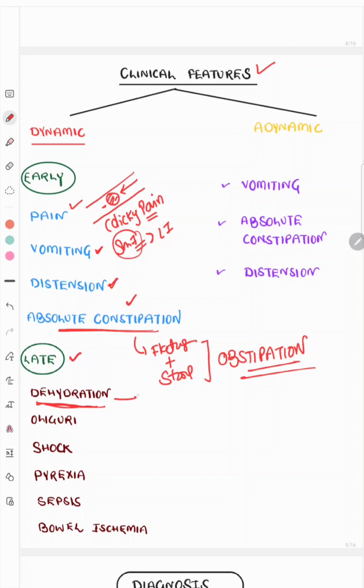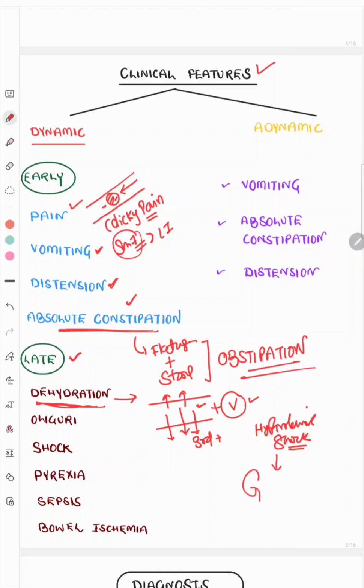So why does the patient present with dehydration? Because there is loss of fluid in the third space, and the patient also has vomiting. So due to these two factors, the third space loss and vomiting, the patient goes into hypovolemic shock, which affects the kidneys.